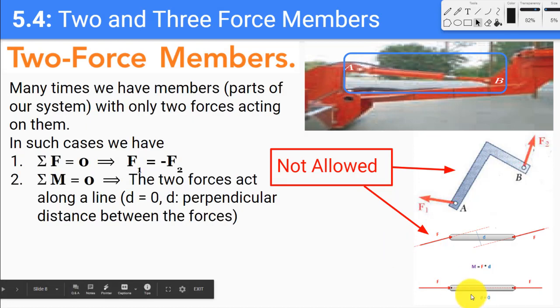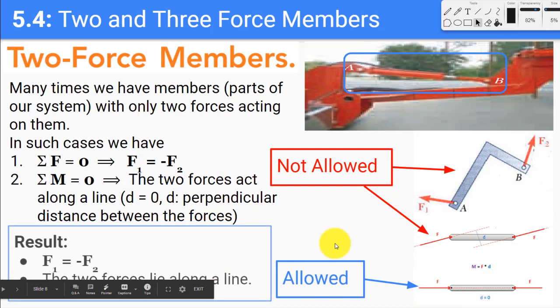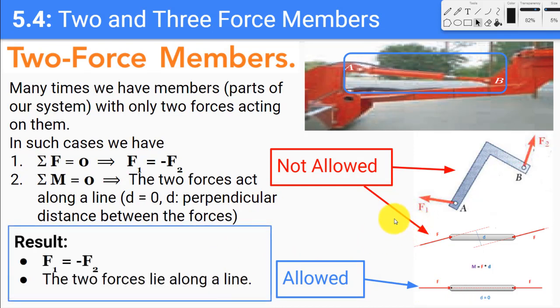And so the only way a two force member can be in equilibrium is when the two forces are opposite and both the forces are acting along the same line. So the only allowed case is this third case. So just to sum it up, if we have a two force member, the two forces need to be equal and opposite in direction, and the two forces have to lie along the same line.